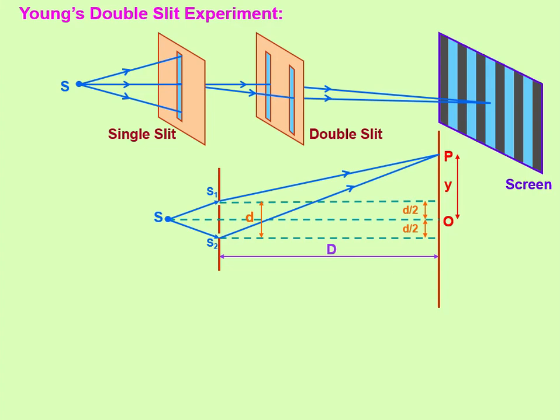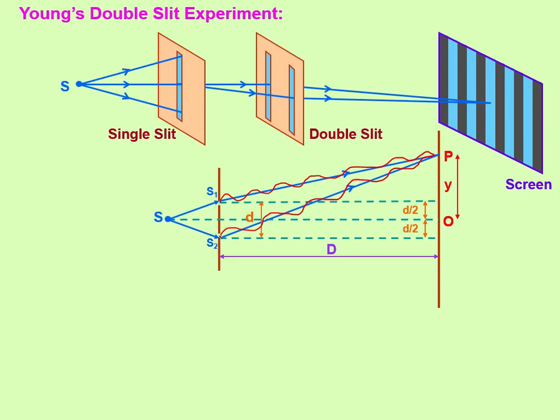Now if we go by the mathematics, this is the first wave. Remember, this is drawn as a ray, but this is actually a wave traveling towards the screen. This is another wave traveling. And this wave from S2 travels a little extra distance to reach P, because point P on the screen is closer to S1, while it is slightly away from S2. So the second wave has to travel slightly extra distance to reach P, which means there is some path difference.